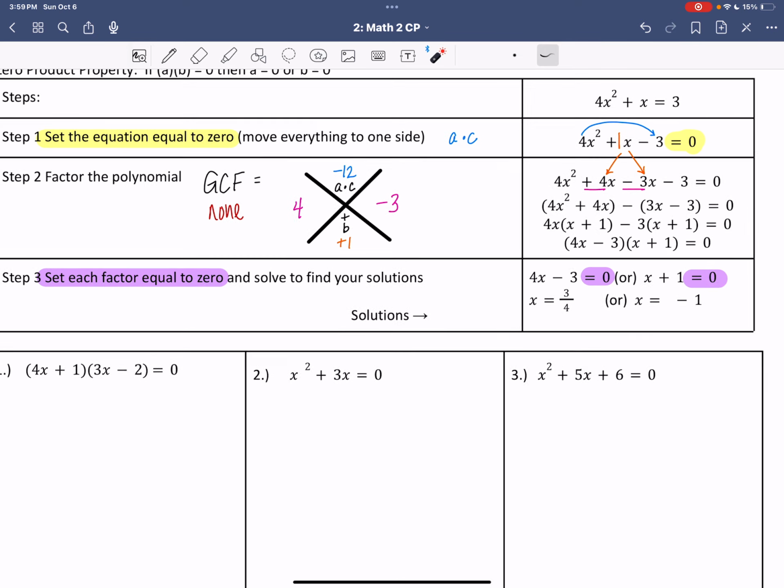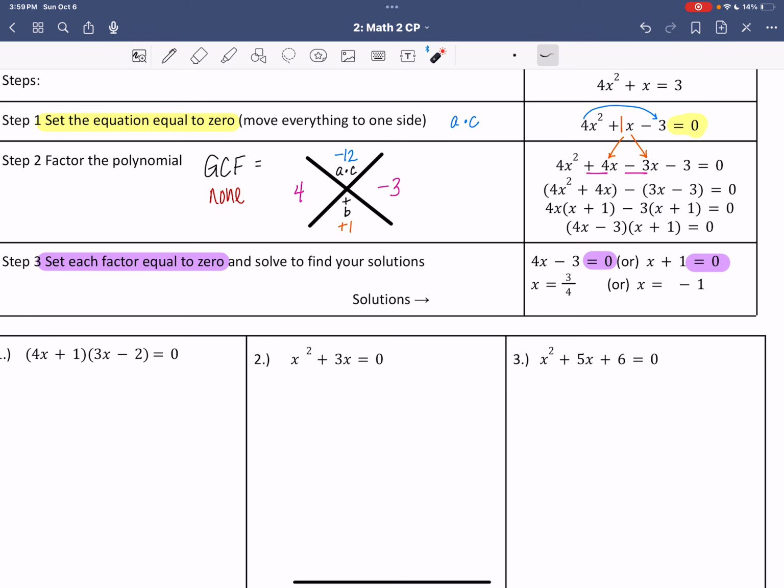So you're going to factor the polynomial. Now again, you could either list GCF or you could do AC and B listed. You could do the X way here. It doesn't matter as long as you're solving it. So you're going to do A times C, which is 4 times -3, which will give you -12. And B is +1.